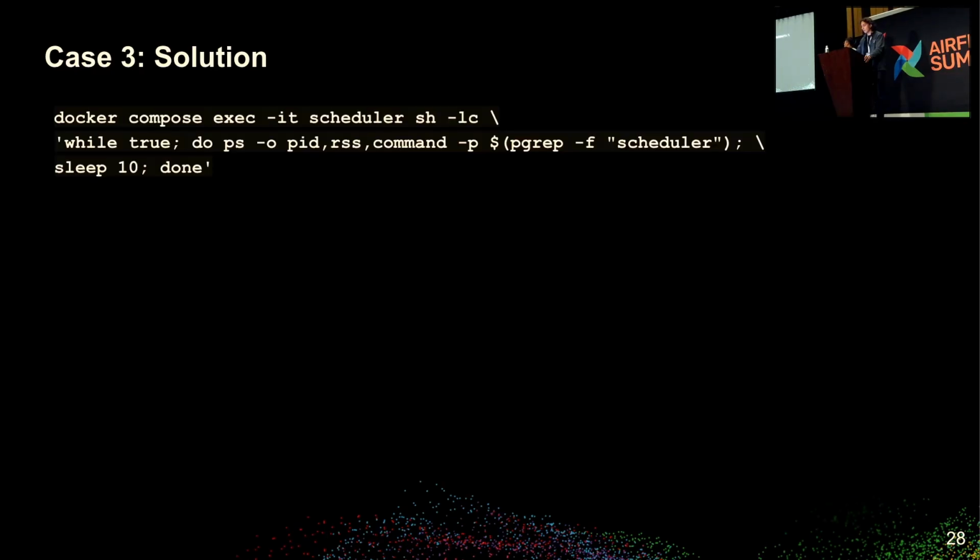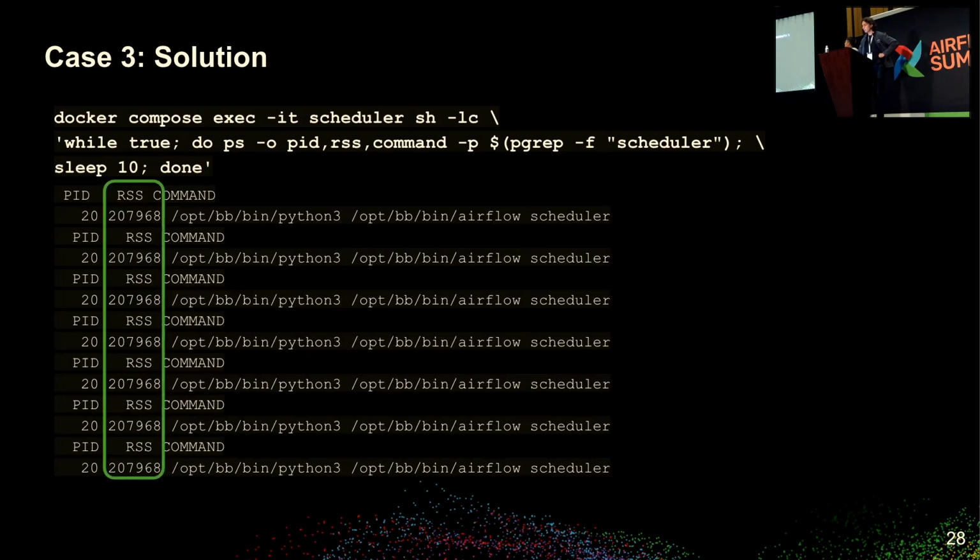And rerunning the earlier command of inspecting the scheduler process's memory usage after removing Leaky plugin also shows that the total RSS is very stable and is no longer increasing with time. And this demonstrates how, again, without introducing any new code, we were able to leverage built-in configurations to debug an issue within the Airflow environment.